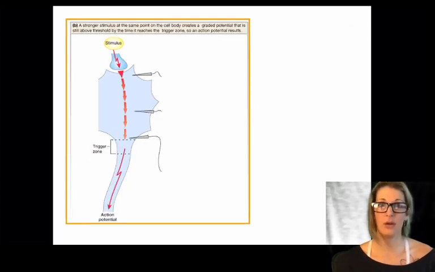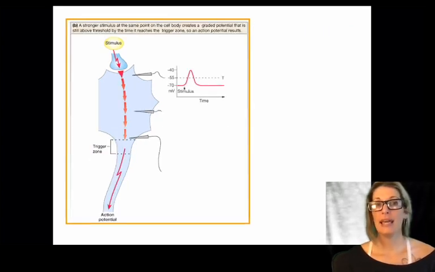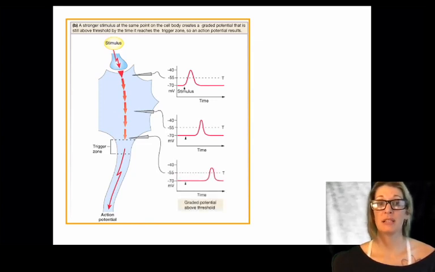Okay, another scenario. Once again, we reach 40. We're at the middle of the cell, still at 40. We reach the axon hillock, and we're a little bit below 40, but well above our negative 55 threshold.